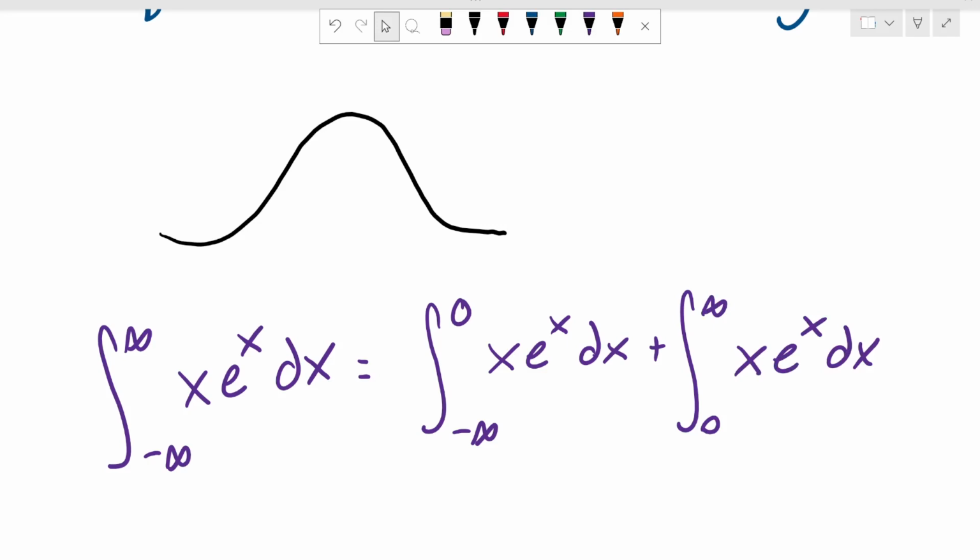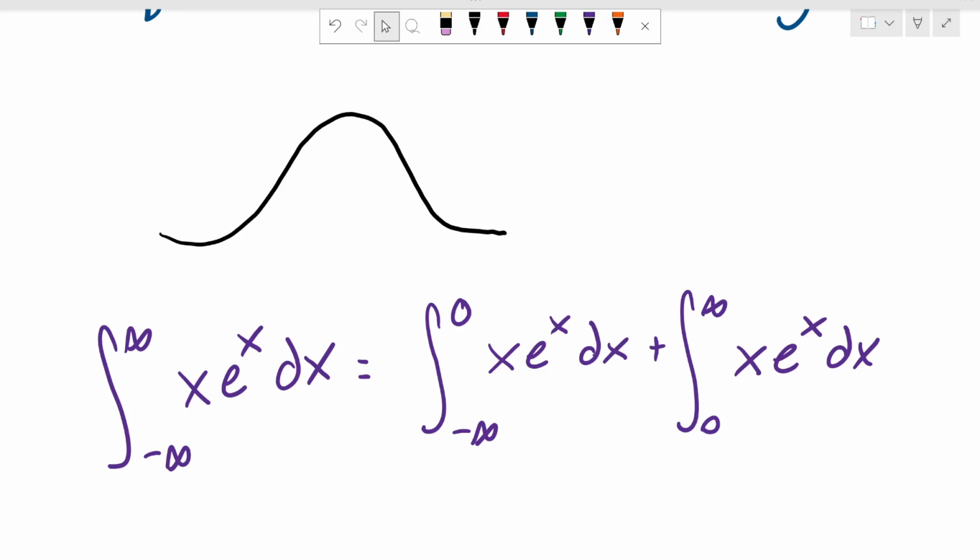The reason it's typically done like this, instead of just calling the bounds a and b and taking the limit as a goes to negative infinity and b goes to infinity all at once, is that when you have two limits like that, it's not a trivial matter to decide which one has to go first, and whether or not you can interchange them.